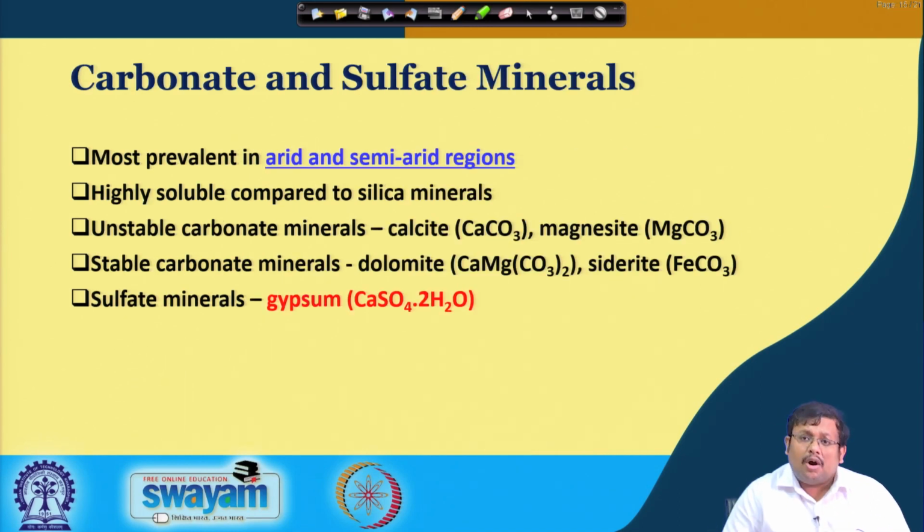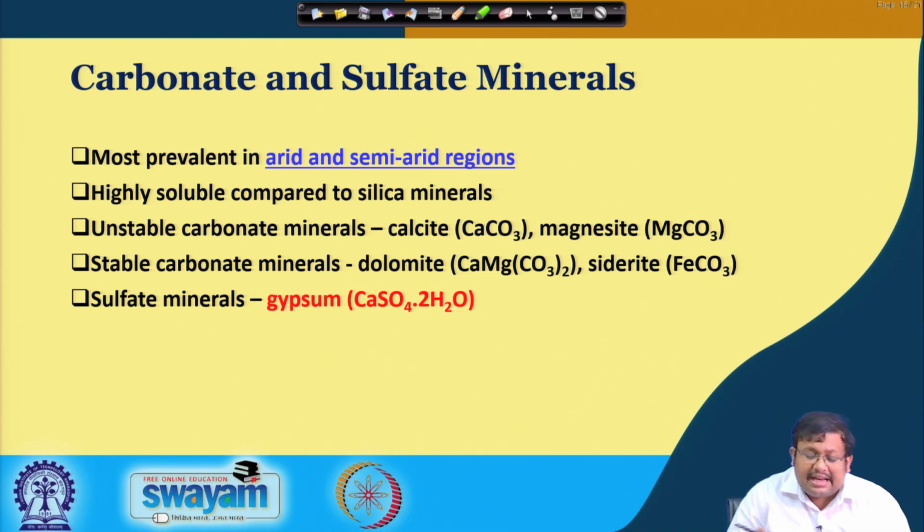So, apart from all these oxides, intergrade minerals, interstratified minerals, 1:1 type of mineral, 2:1 type of mineral, 2:2 type of mineral, we also see carbonate and sulfate minerals in the soils. They are most prevalent in arid and semi-arid regions, and they are highly soluble compared to silica minerals.